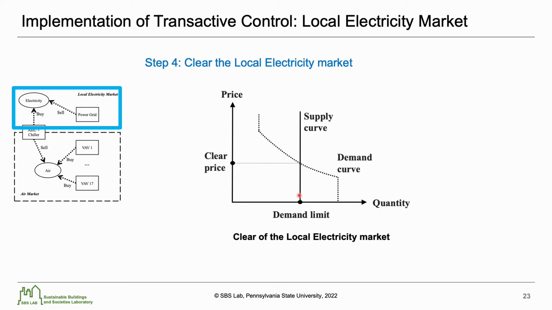The intersection of the supply curve, which is the solid line, and the demand curve, which is the dashed line, shows that we are able to adjust the demand to meet the desired demand by the supply side at a cleared price for electricity, which is here. However, it is possible that there is no intersection if the building demand is too low or too high.